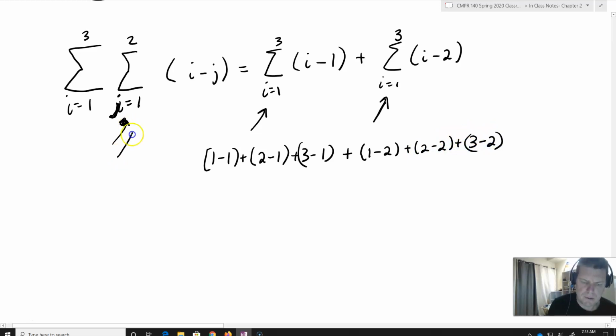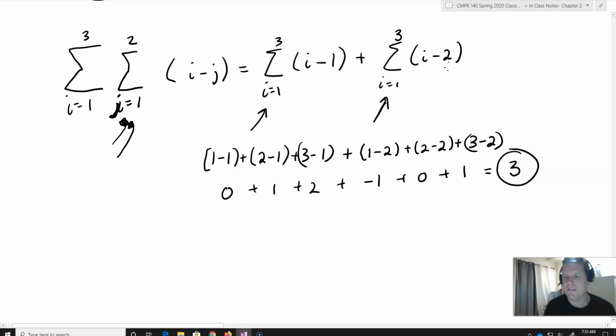So we start with our inside, plugging in our values for j for each one of the summations, and then we evaluate the sum in each term. So this will be 0 plus 1 plus 2 plus -1 plus 0 plus 1. That's going to end up giving me 3, and that's the value for my double summation.